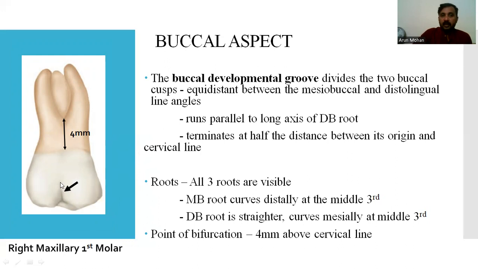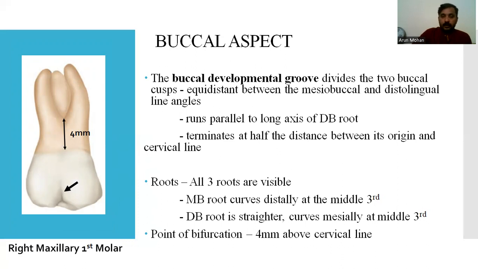It runs almost parallel to the long axis of the crown and terminates at about half the distance between the occlusal surface and the cervical line, around the middle of the buccal surface of the crown.